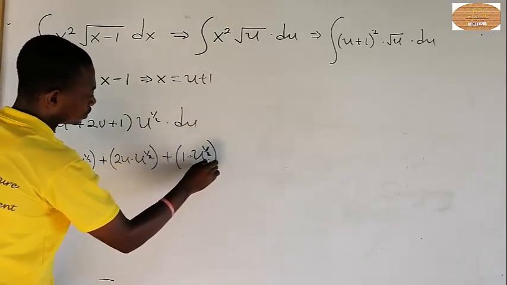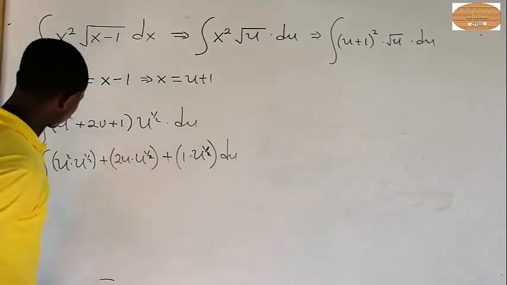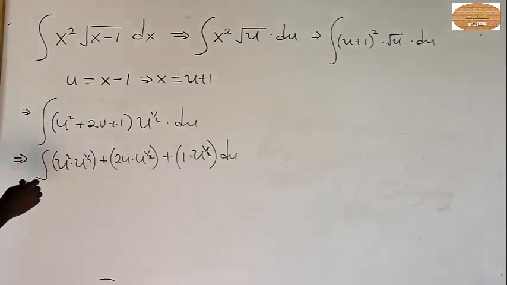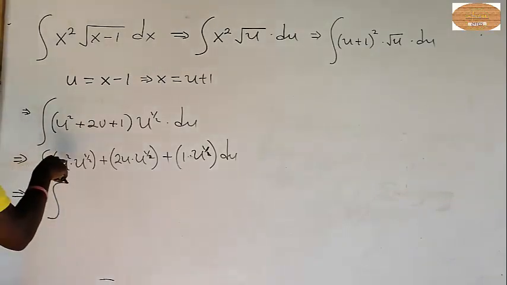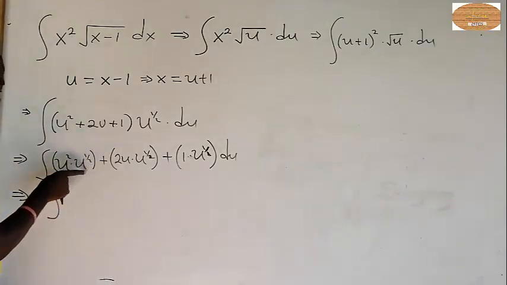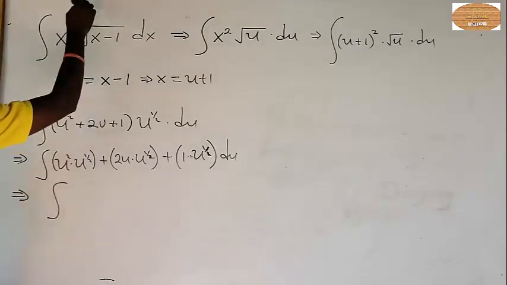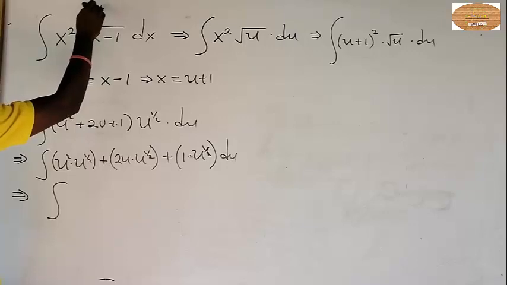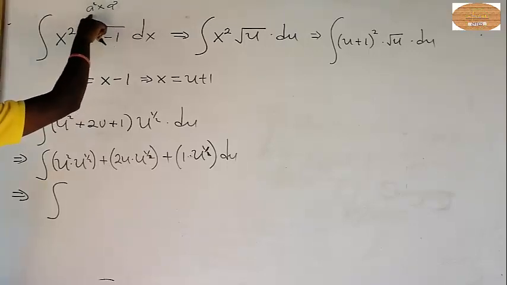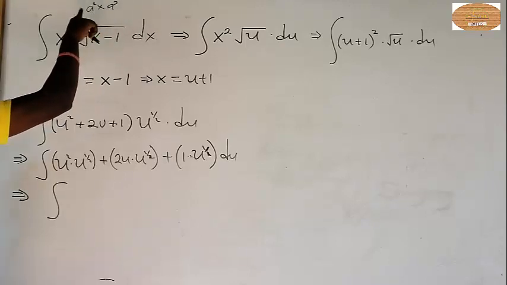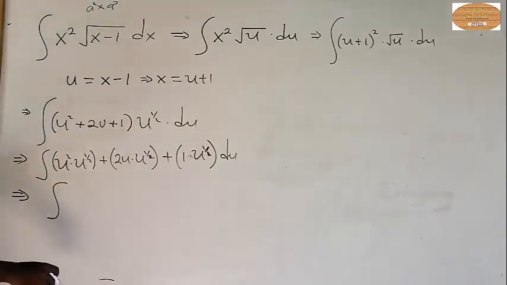This is the law of indices: for multiplication, we add the exponents.